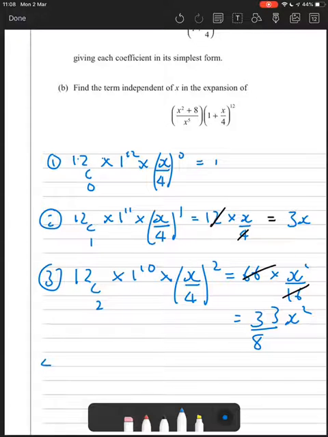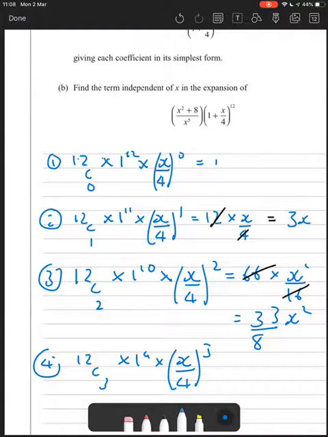Right, for the fourth term then, 12 choose 3 multiplied by 1 to the 9 multiplied by x over 4, and we're going up, so this is a cube now. They both add up to 12, but also you'll have noticed that we're going up here. So here there's a 1, here there's a 2, here we've got a 3, so it's a nice little pattern going on. Again, we've got 12, 11, 10, 9, so this is quite a nice little way of doing it.